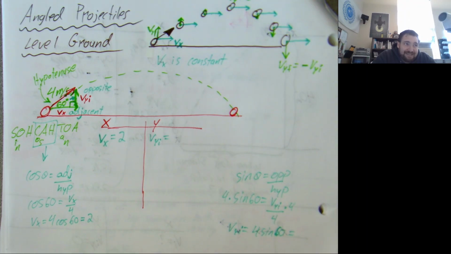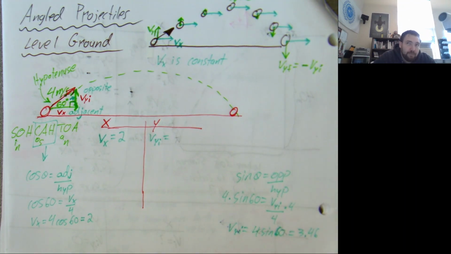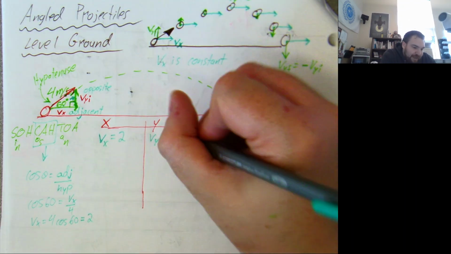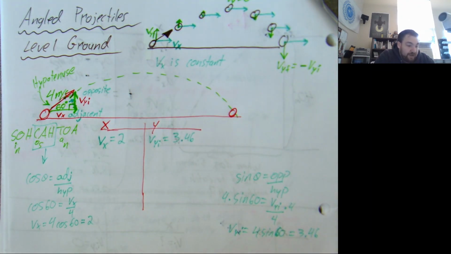Alexis, if you would, please. Okay. Thank you. So now that is our Vyi, 3.46. We can fill in a few more things we know.